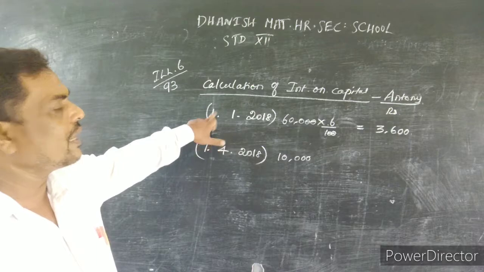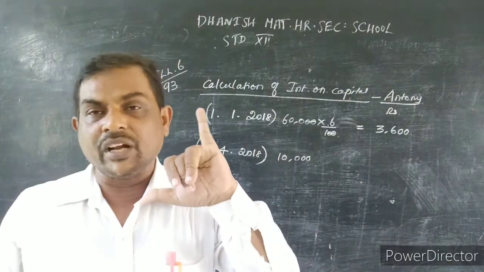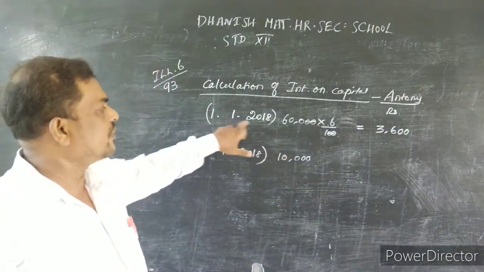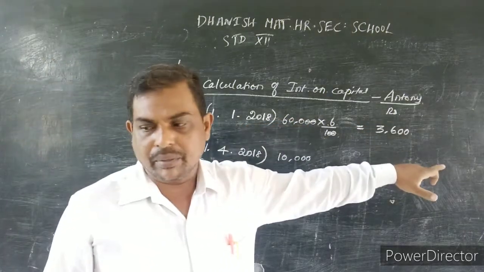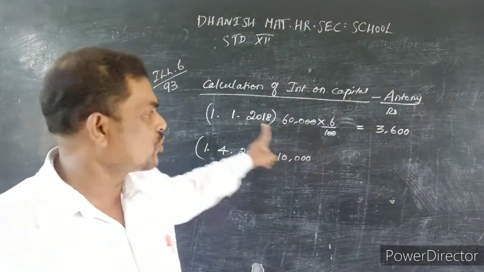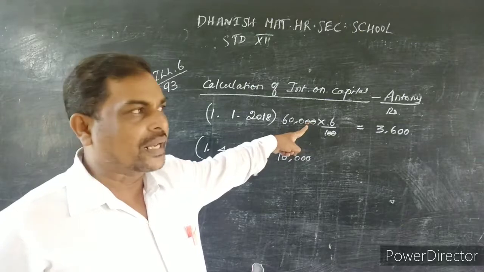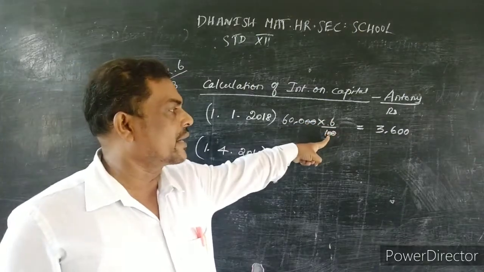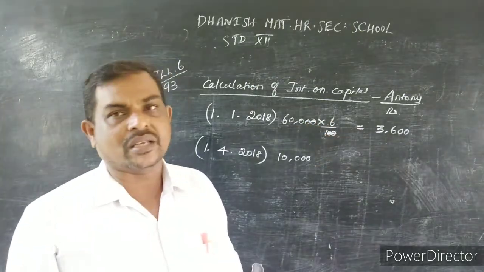Listen, usually interest will be calculated for 1 year from 1st January to 31st December because accounts close on 31st December. For a full year, 60,000 into 6 by 100 equals 3,600.